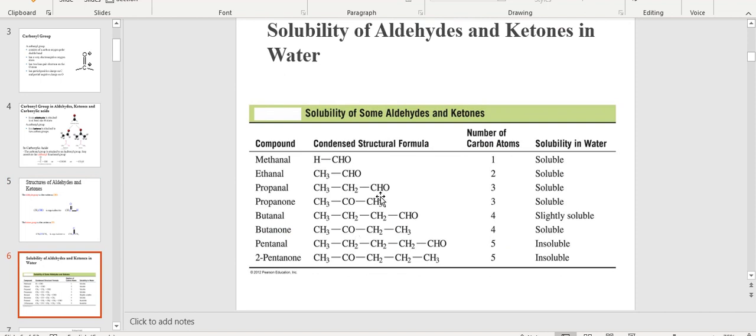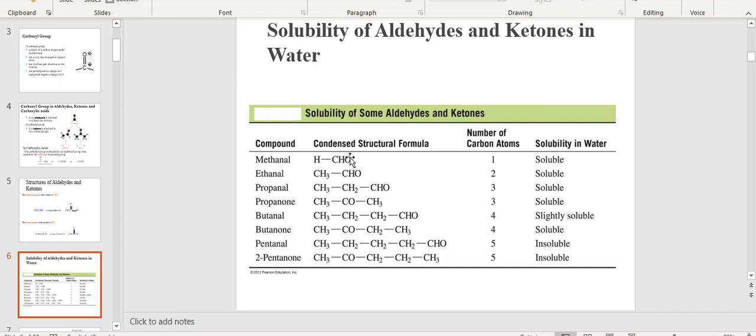Generally, when we talk about solubility of these in organic chemistry, once you get in and around 4 or 5 carbons, that's the limit as far as solubility goes. You look at here, methanal, ethanal. These are your aldehydes. Al means aldehyde.